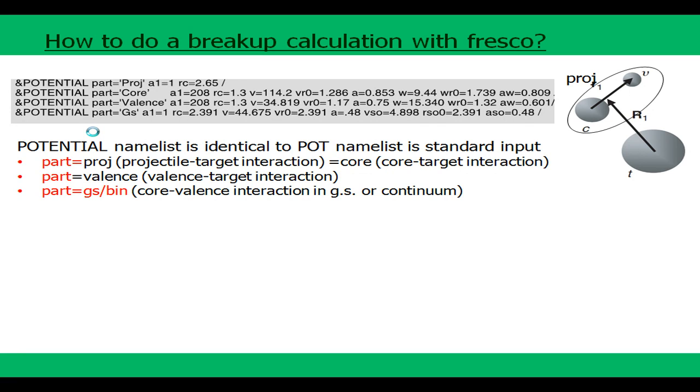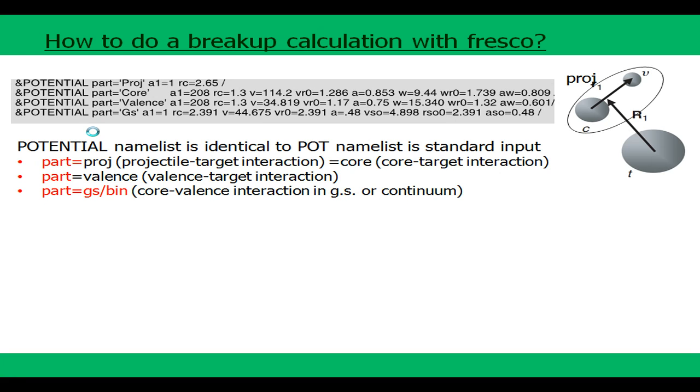But I'm hoping you have control in your standard Fresco input so that you can go back after you run CDC and get your standard Fresco input. You can go back and see what you've defined to make sure, because of course this will be digested in some way, and it may not be the way you want it to be digested. That's why I want you to check that instead of running directly in Fresco.